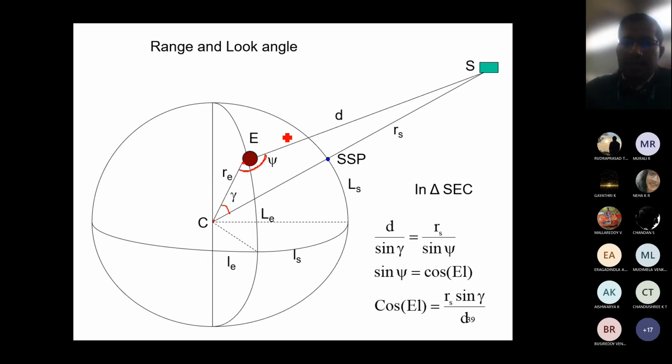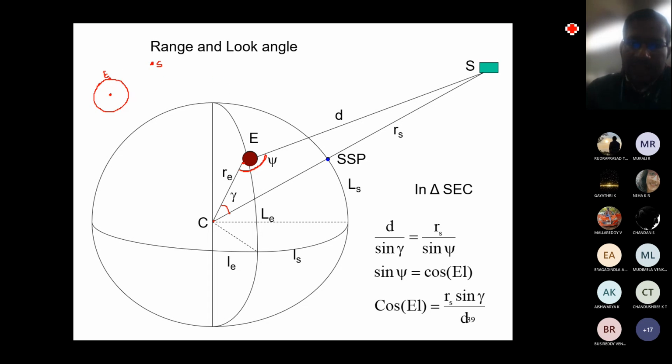I will draw here for more clarification. Just analyze this very carefully. So this is the point where your satellite is located, and this is your ground station, that is denoted by E. You see E is on the surface of the ground, so I have kept E on the surface of the ground.